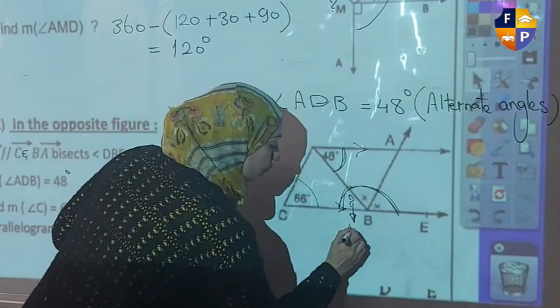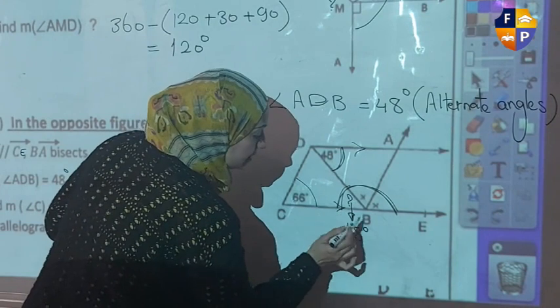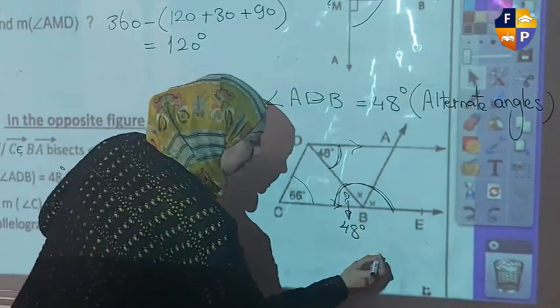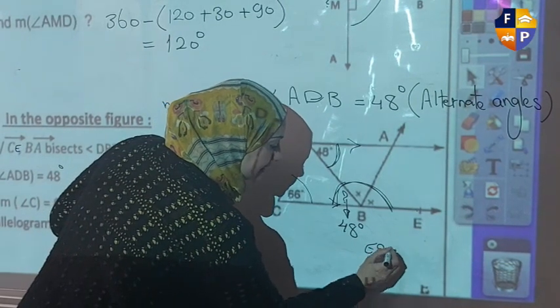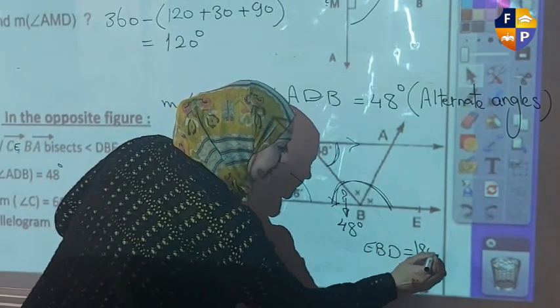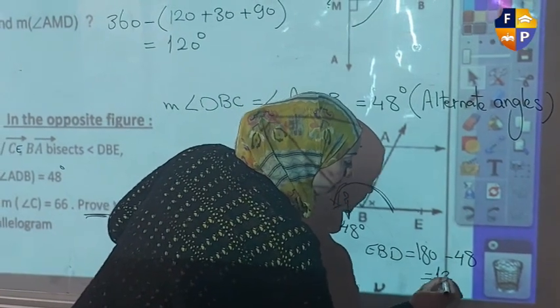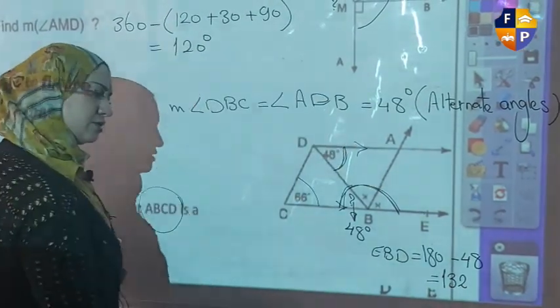And this angle is a straight angle, okay? This is 48. So the measure of EBD equals 180 minus 48 equals 132.